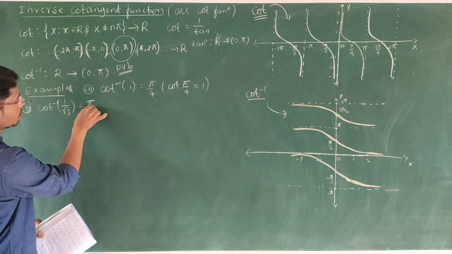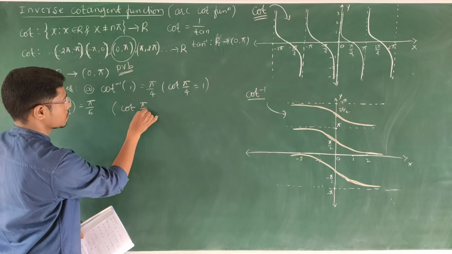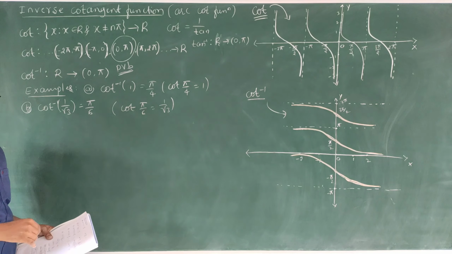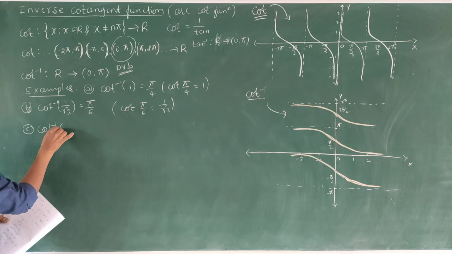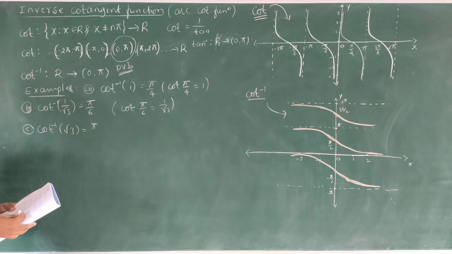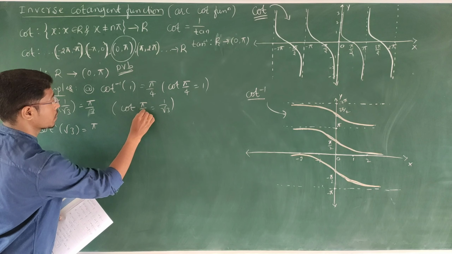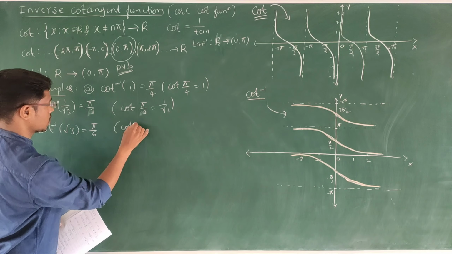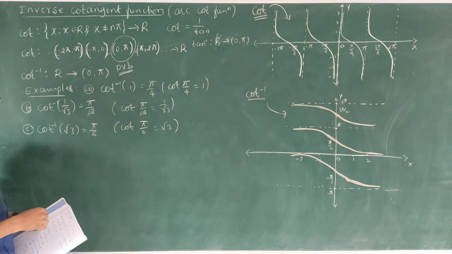Now, cot inverse of root 3 is equal to pi by 6, because cot of pi by 6 equals root 3, right?